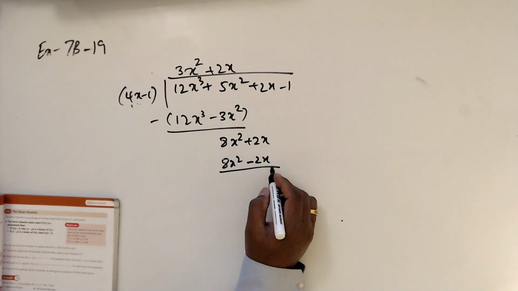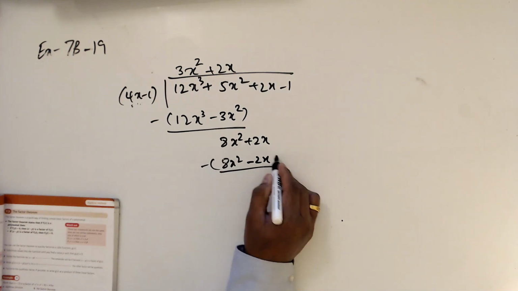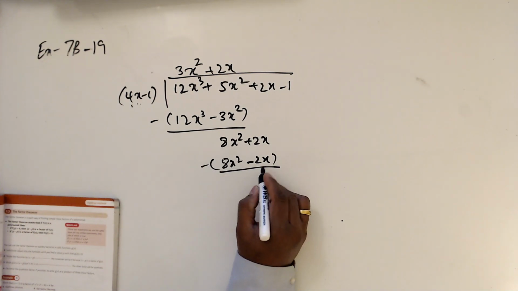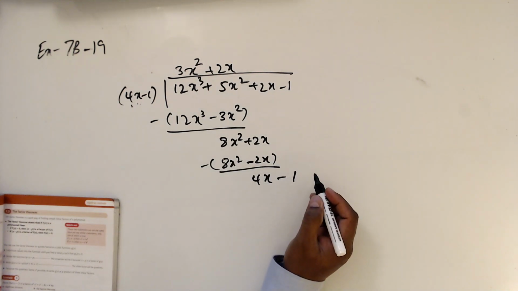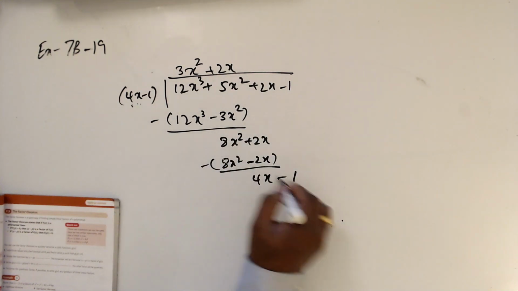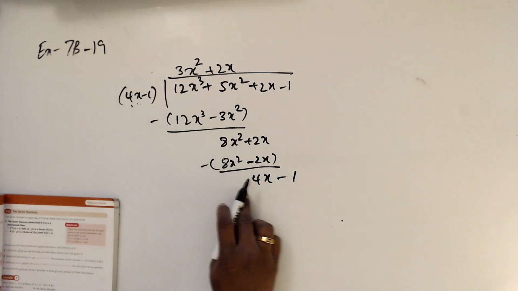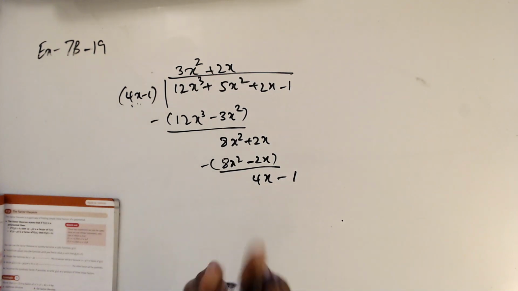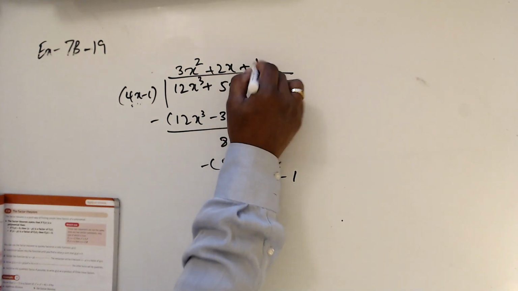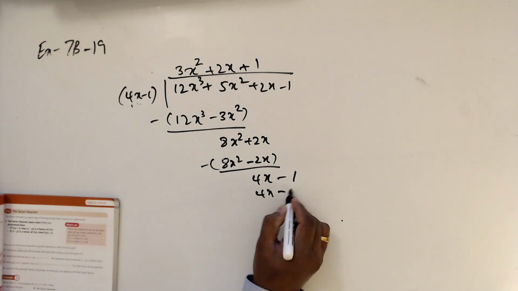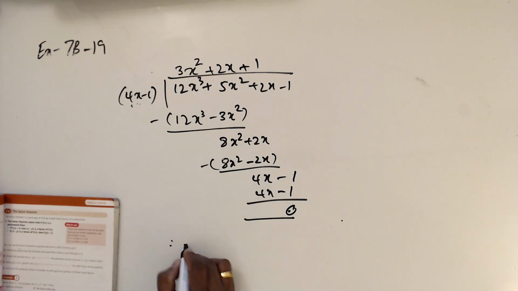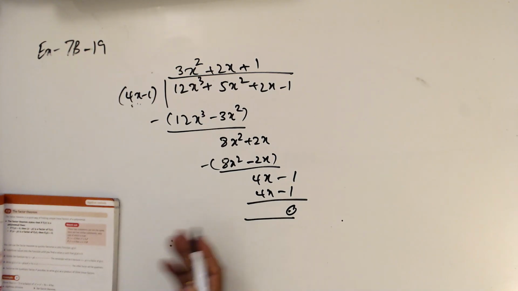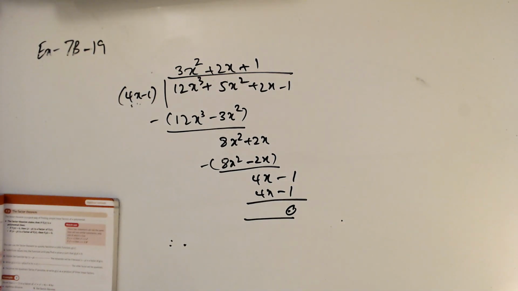Now when you subtract those two, minus 2 plus 2, which is 4x, and bring this one down. Now definitely 4x minus 1 divided by 4x minus 1 is 1. So this is 1, 4x minus 1, and 0. Hence, yes, 4x minus 1 is a factor. That's how we can write.